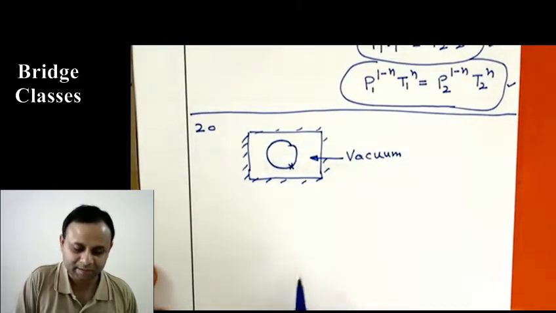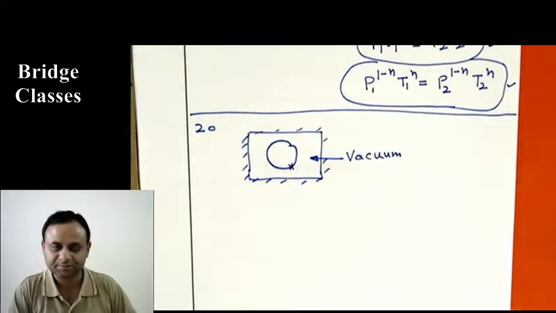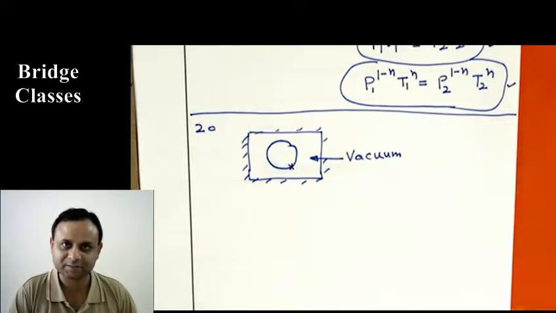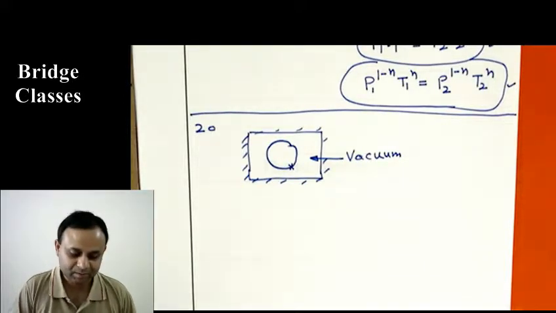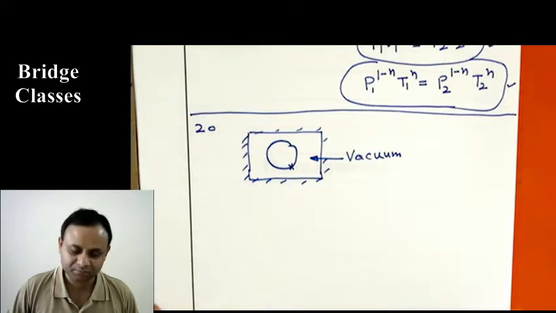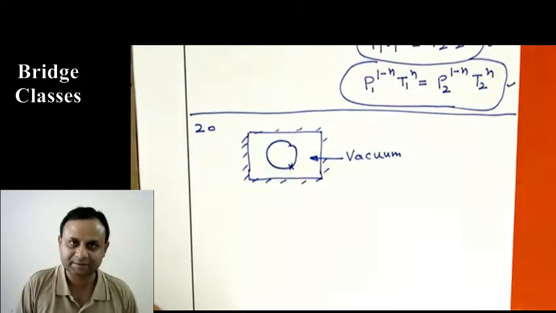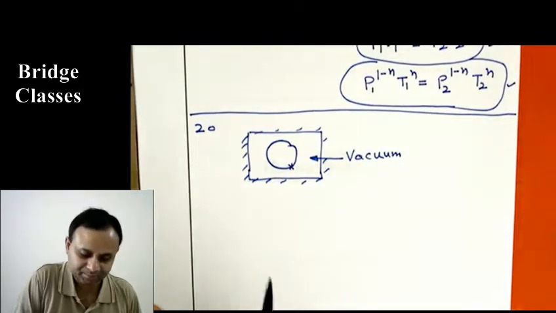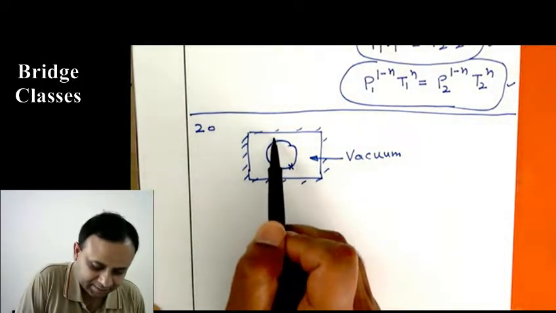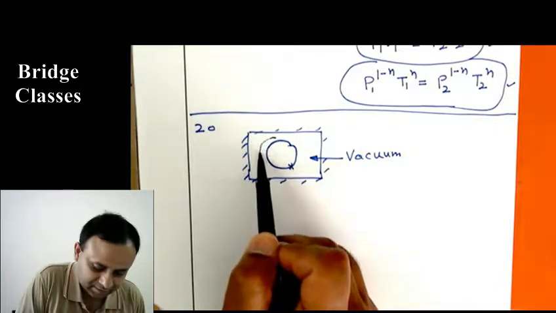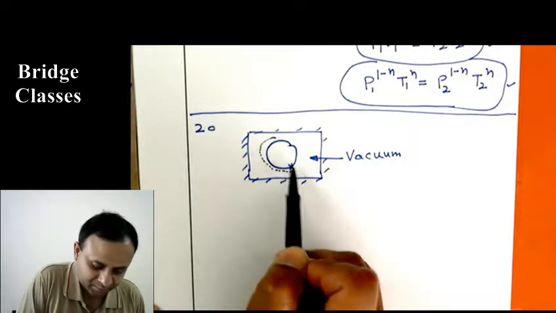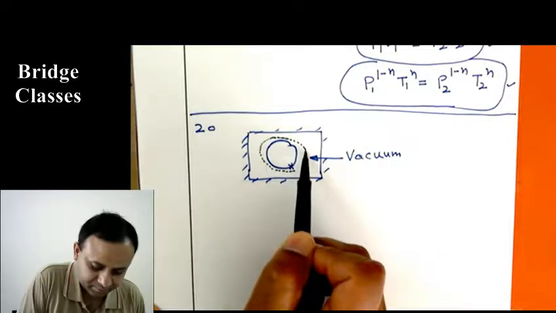Okay, actually this situation is similar to Joule's experiment. But let me also illustrate one more thing here. So when the balloon ruptures and this gas expands, let us say at any instant, this is the envelope inside which there is gas.